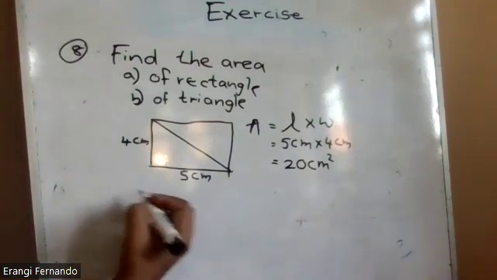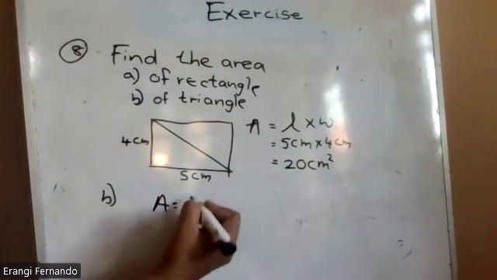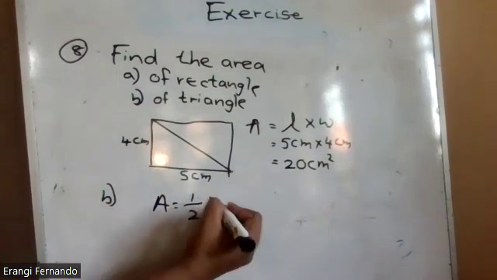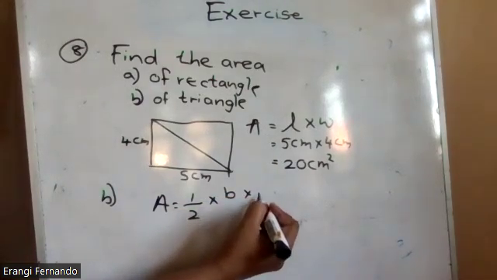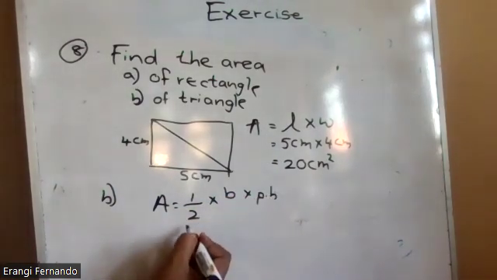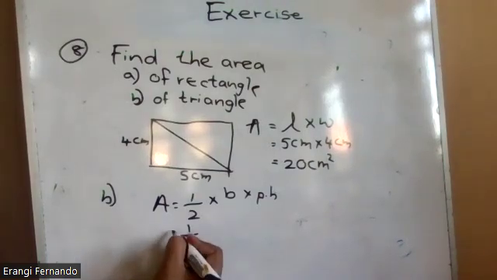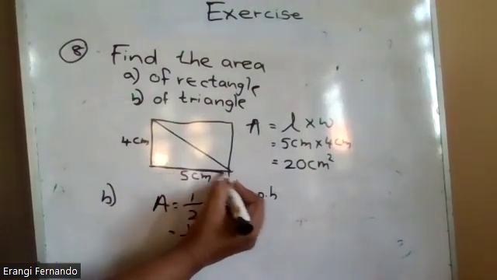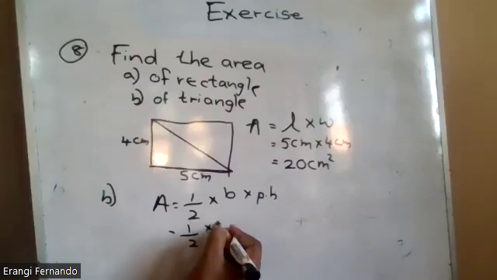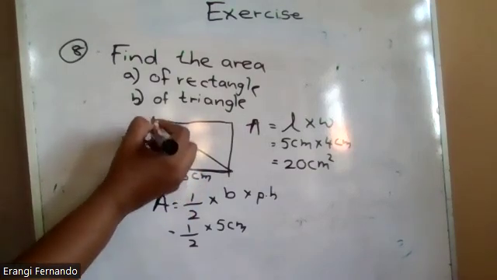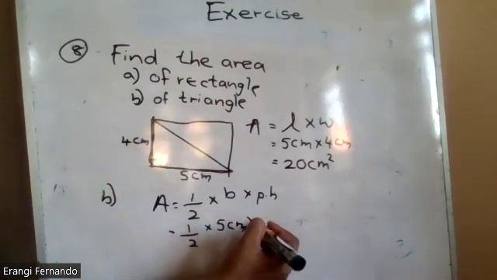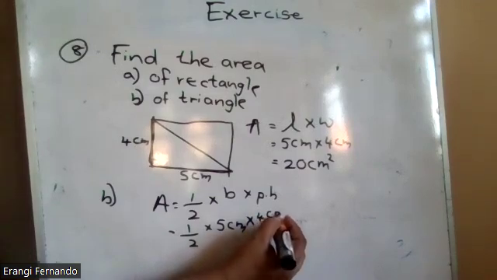Next, we'll find the area of the triangle. How to find the area of the triangle? Half into base into perpendicular height. What is the base here? 5 centimeters. What is the perpendicular height, with 90 degrees? Here the perpendicular height is 4 centimeters.